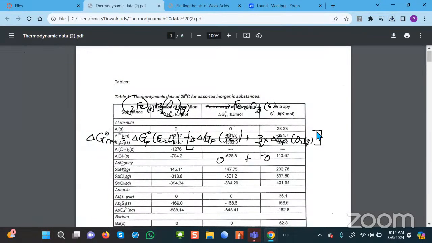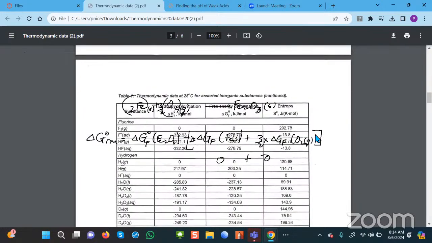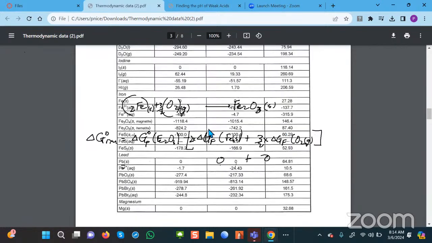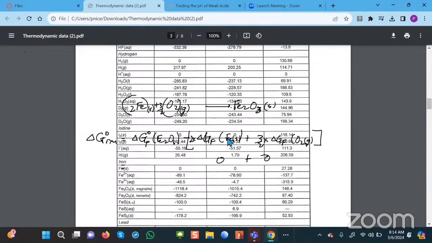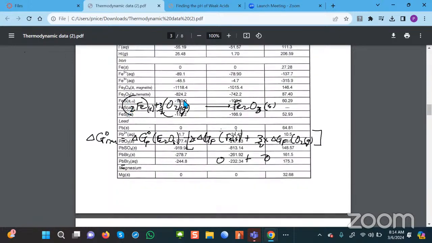Okay, so for iron(III) oxide, the free energy is minus 742. So I'm going to write that here.